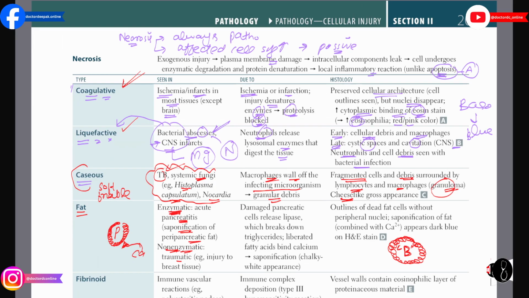When calcium is deposited on the tissue, it will become chalky white because of the deposition of calcium. Fat necrosis is usually seen in traumatic and non-traumatic causes. The non-traumatic cause, as I explained to you, is pancreatitis, and the traumatic cause is breast trauma.